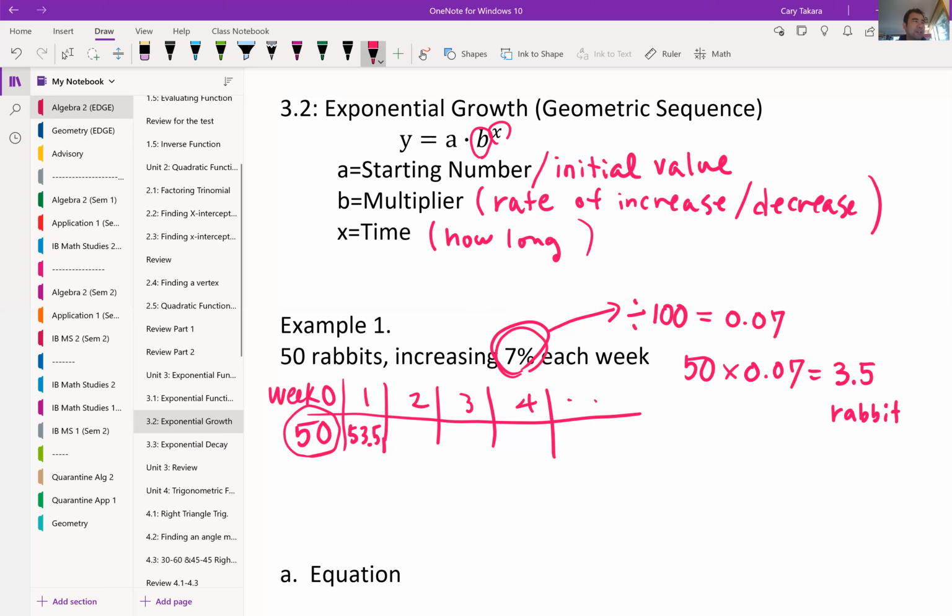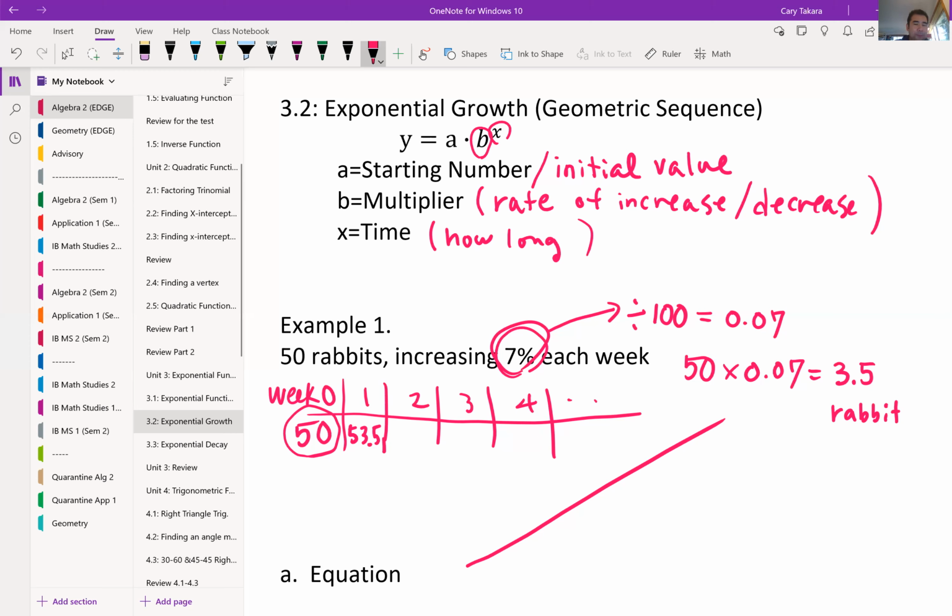What do you guys think? If we are adding 3.5 every week, actually it is going to be a linear function. But this is not a linear function, is it? It is an exponential function.